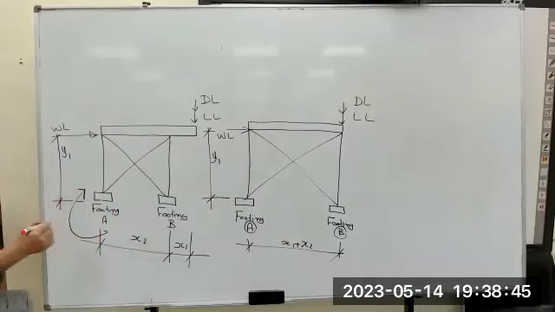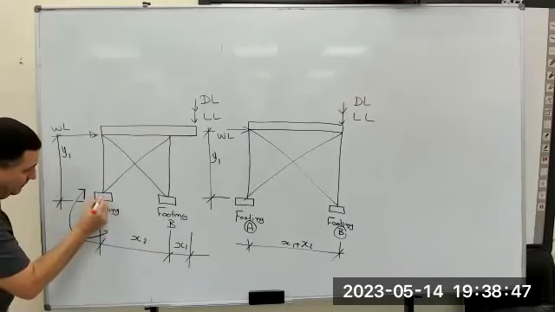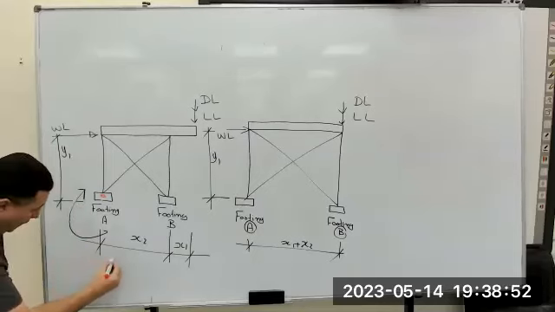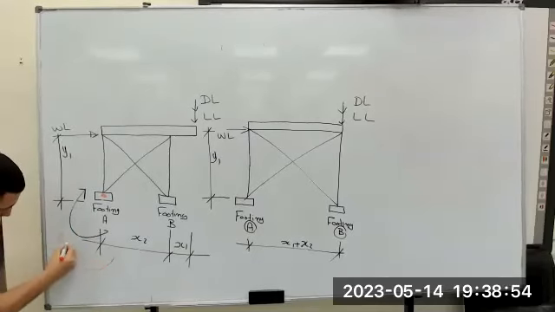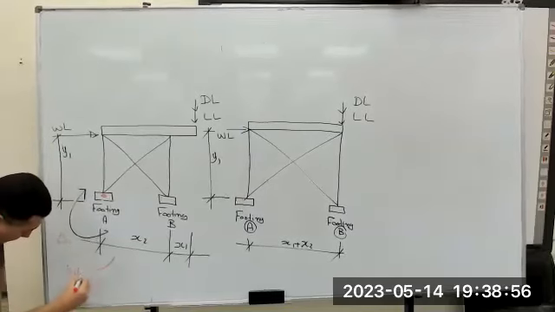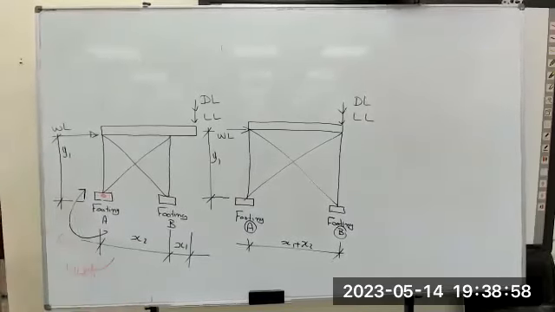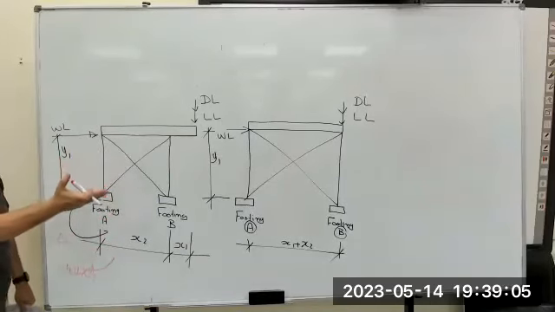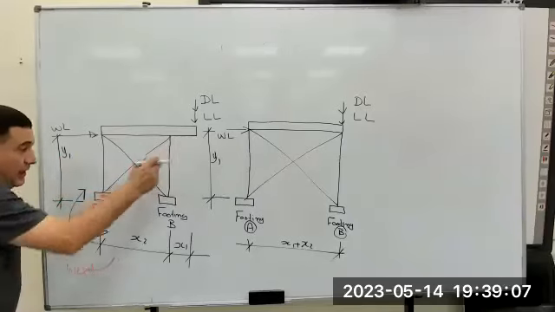If you put your finger here, now I have wind load multiplied by y1, correct or not? Put your finger here. See my hand, correct or not? What else do I have?